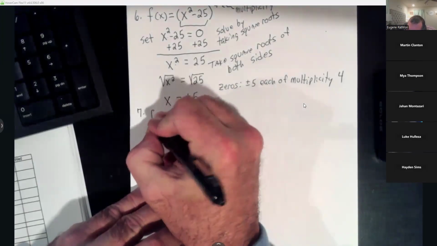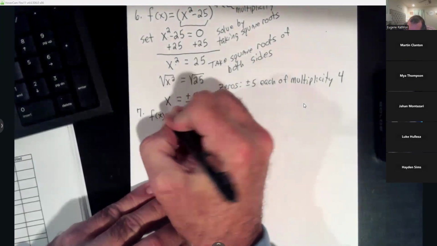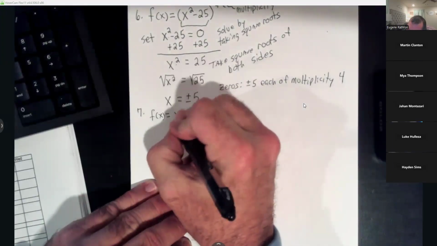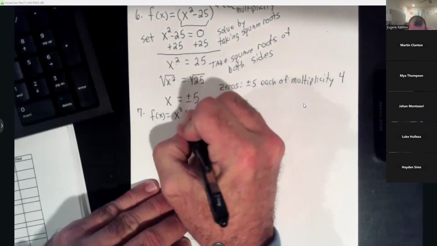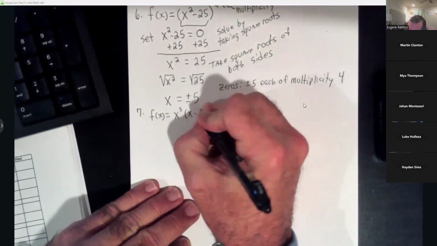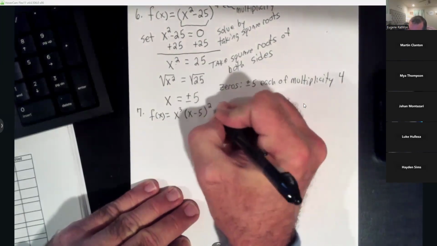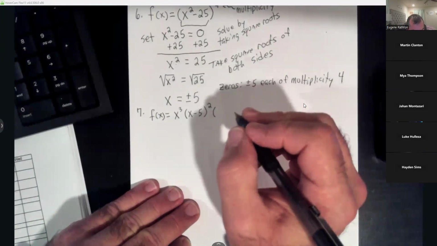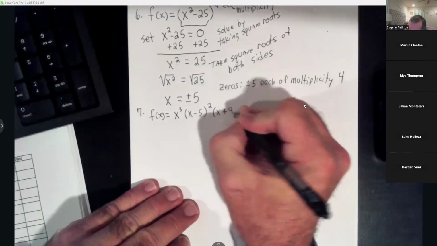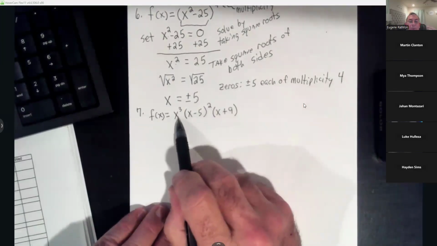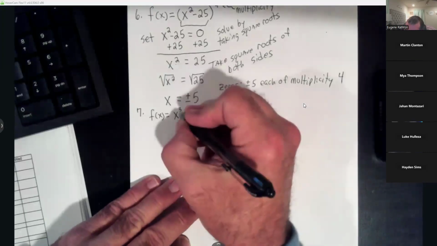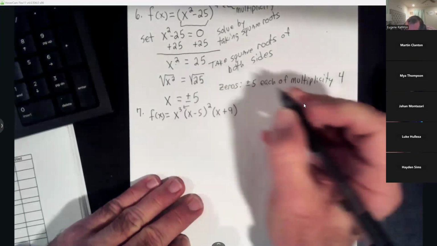My 7 has f of x equals x to the third times x minus 5 squared times x plus 9. All right, so this one has a multiplicity of 3. So that'll be my multiplicity on the first factor.